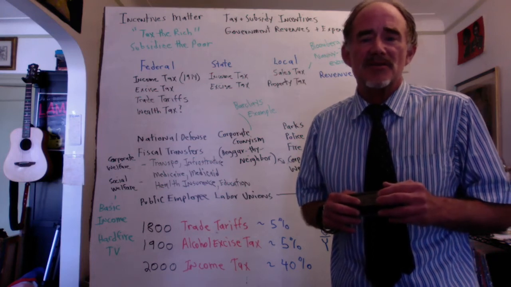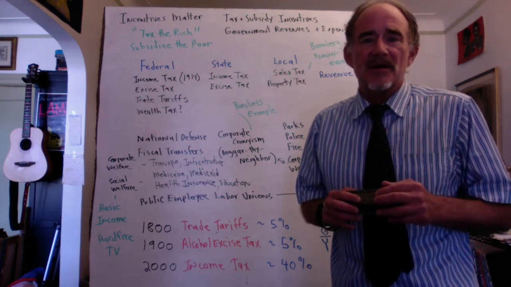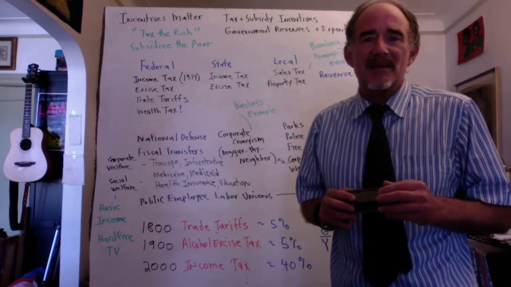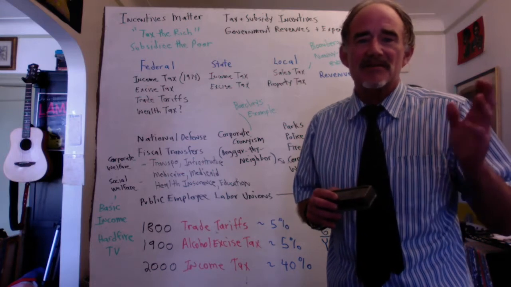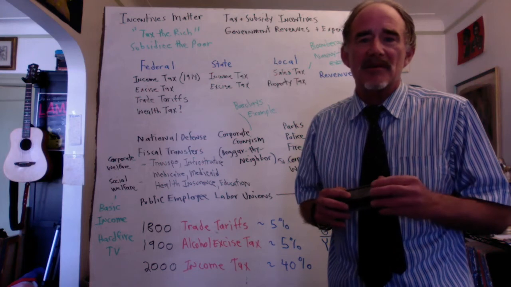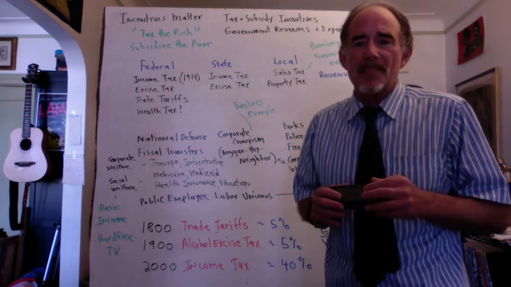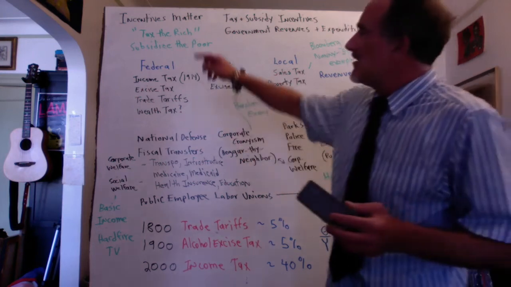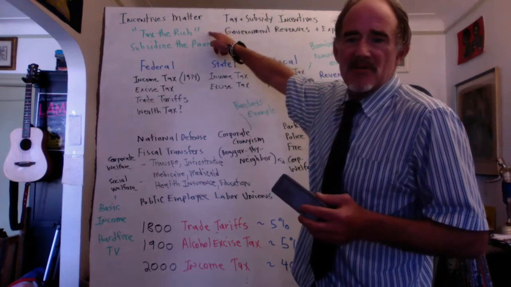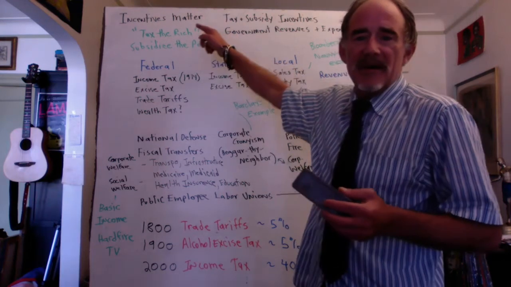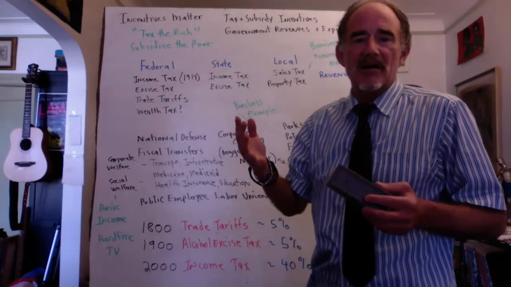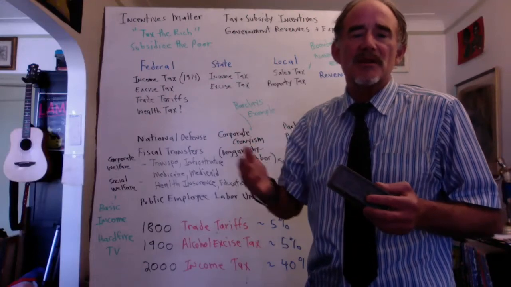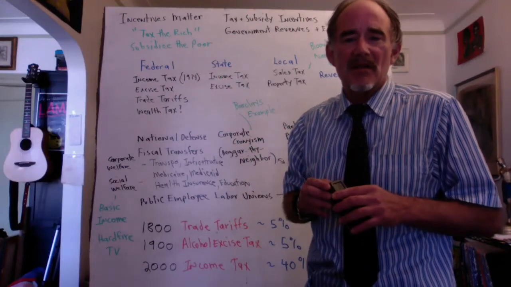to encourage. And so the first observation I'd like to make is that in our consciousness today, in our public discussion, we have this idea that you should tax the rich, when in fact we should be encouraging wealth creation.